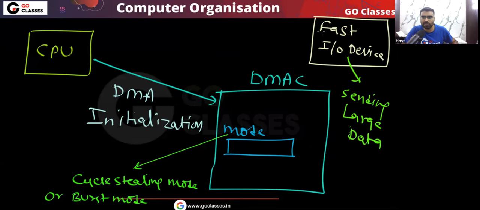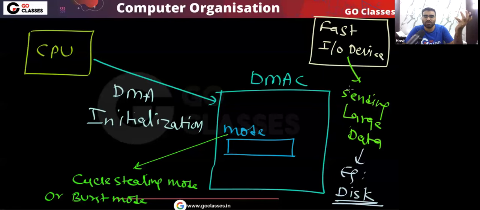Let me give you the example: your hard drive, your disk. For example, from the hard drive you are sending, let's assume, a movie. A movie can be maybe 500 MB in size. Yes or no? So let's assume you have a disk which is a fast device.